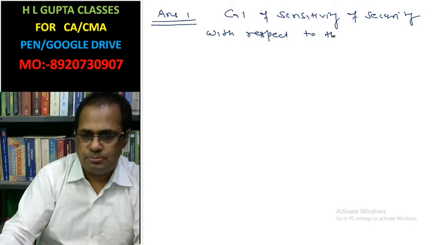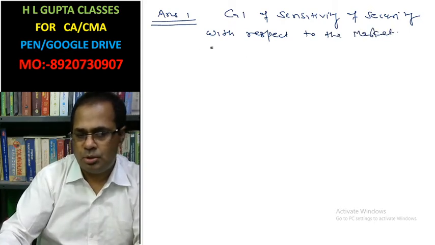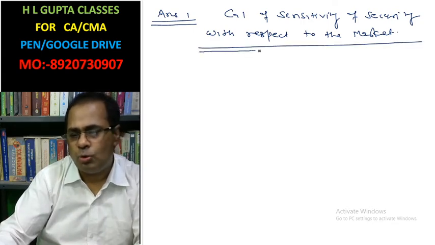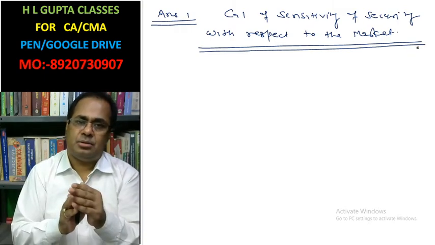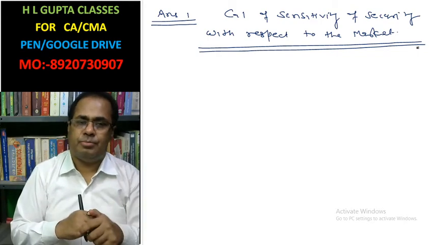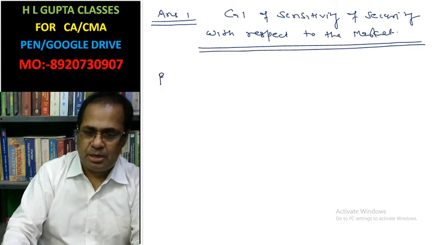Sensitivity means how much deviation of security is due to change in market return, that you need to calculate. Then that is the beta of P.